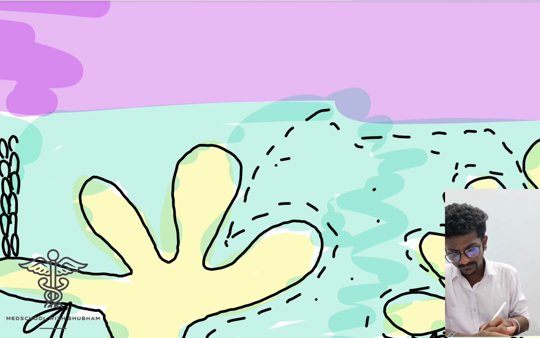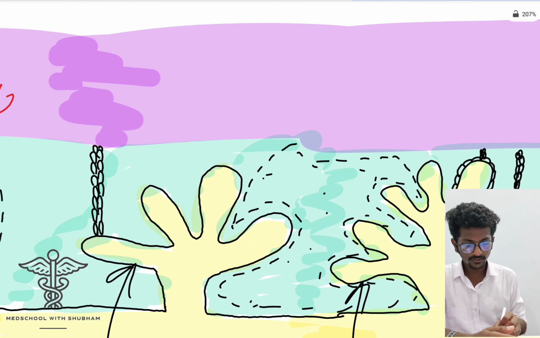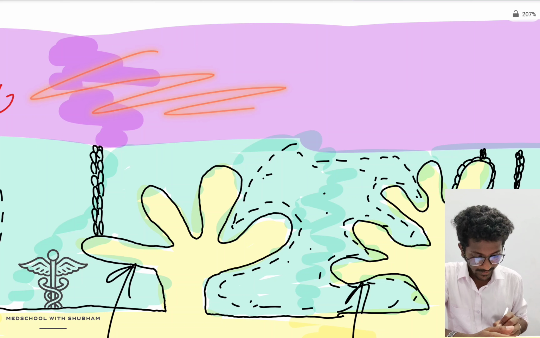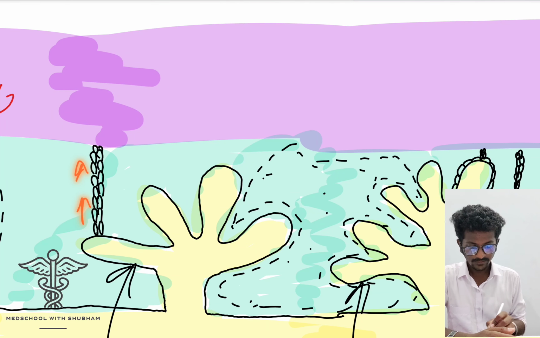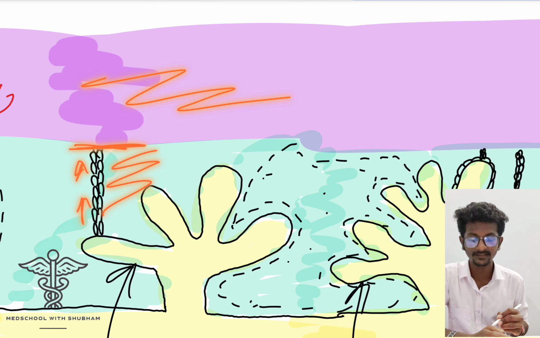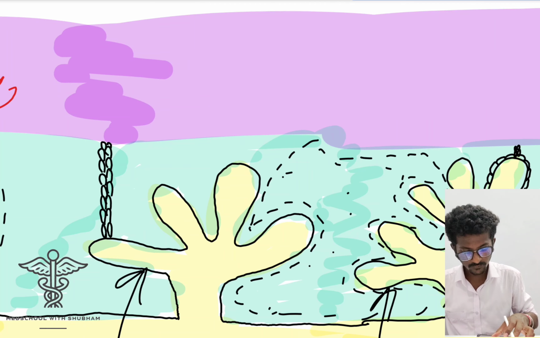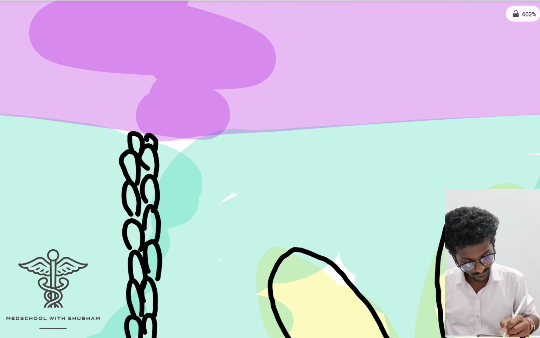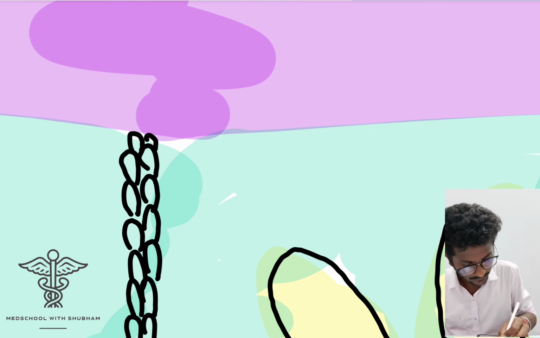And now when these cells reach the junction of the decidua basalis and the syncytiotrophoblasts, they will get bifurcated in two directions. When this proliferation of cells reaches this point, it will get bifurcated.